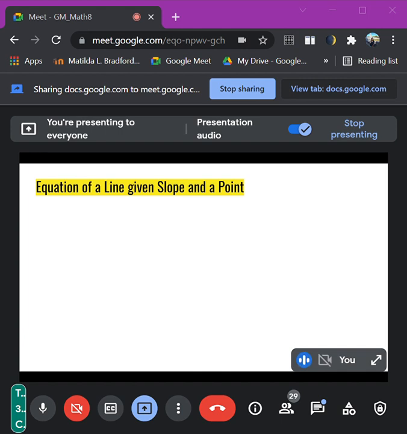Kay ganina, di ba, 2 points man ang given nato. So, here, class, if you have slope and a point, so, meaning to say, di ba, sa atoang slope-intercept form, atoa ang m kay slope man na siya. So, what if ang gihatag is slope ug usa ka point, which is x sub 1 and then y sub 1. So, we have here an example.